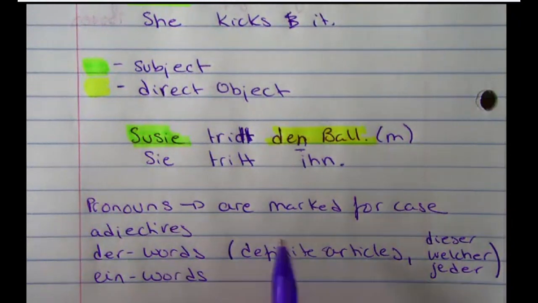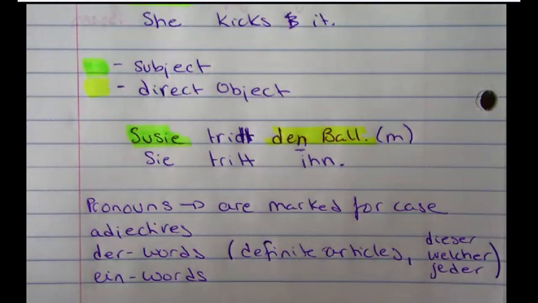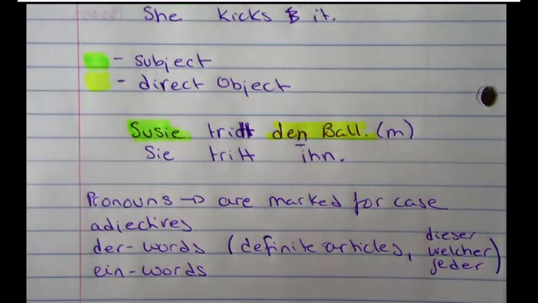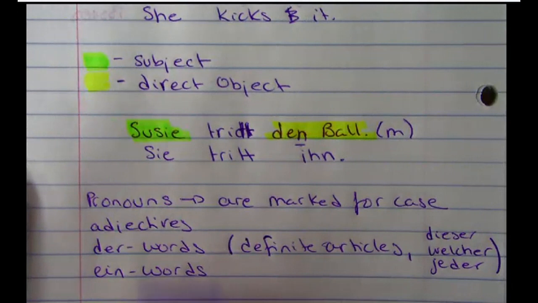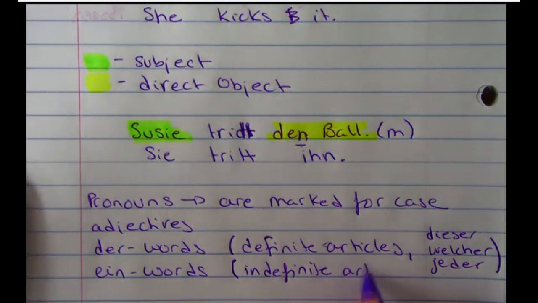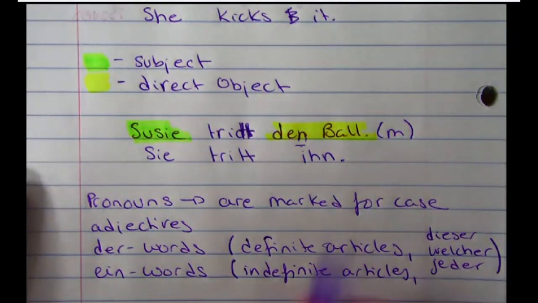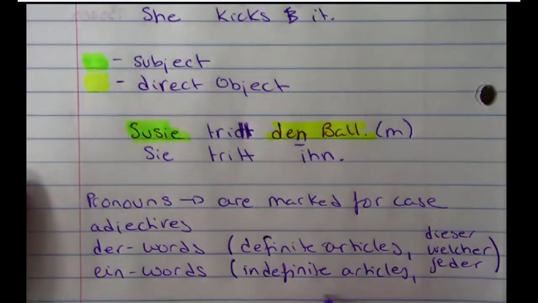They go with the definite articles, and that'll be important when I show you guys the case chart in a second. Okay, the second group of words is the ein words. So those are indefinite articles. So in English that would be a or an. So ein, eine, einen, those words. And it's also going to be our possessive pronouns.